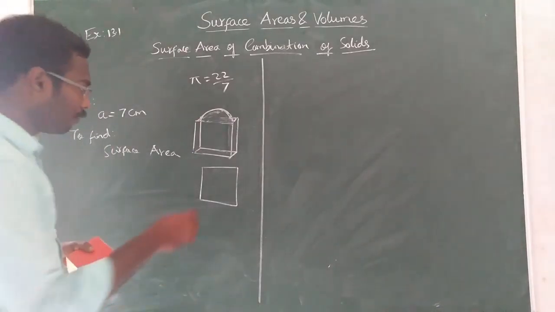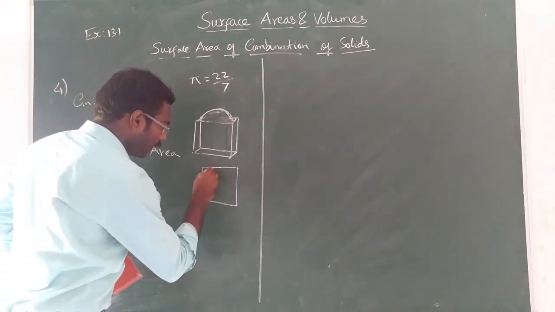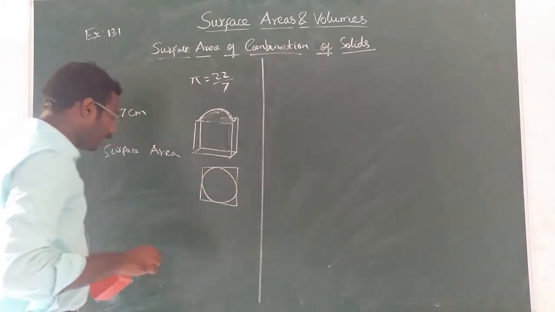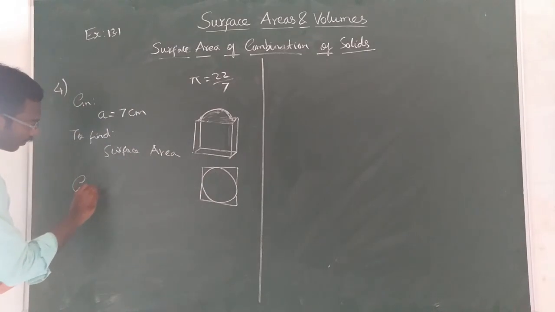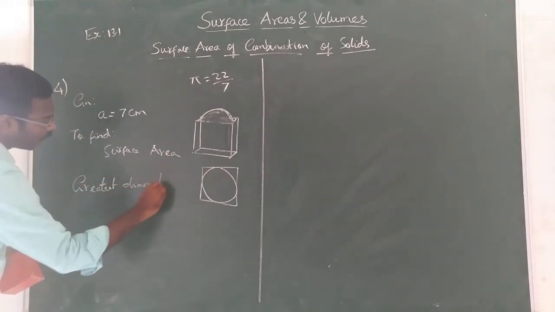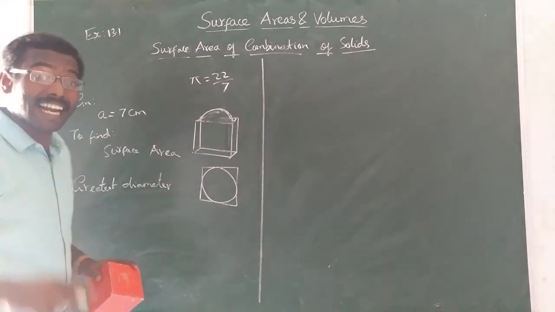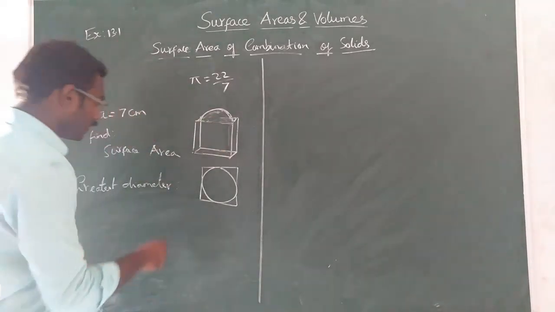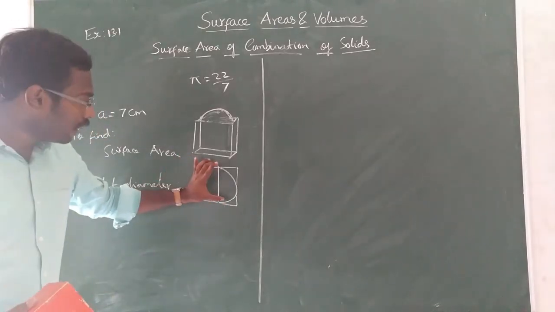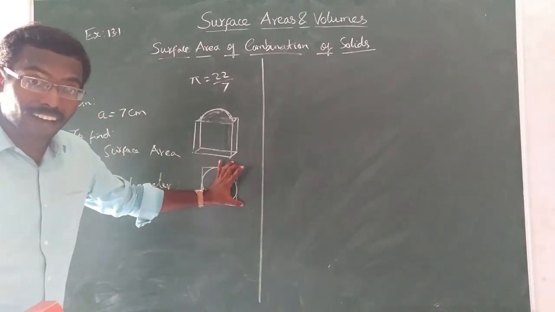So greatest diameter means the circle will be touching the square, because we want the greatest diameter. What's the meaning of that? Greatest diameter means the diameter, this is the diameter. The diameter will be equal to the side of the cube.